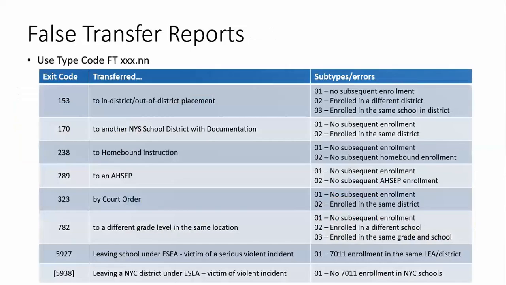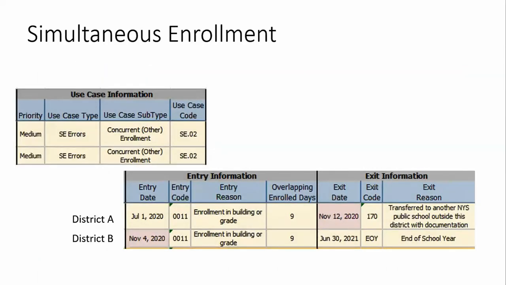Now, in this hypothetical situation, the student was not in attendance since October 23rd, but I only mentioned backing up the exit date to November 3rd. Why couldn't you back up the exit date to October 22nd if the student had not actually been in attendance since that date?